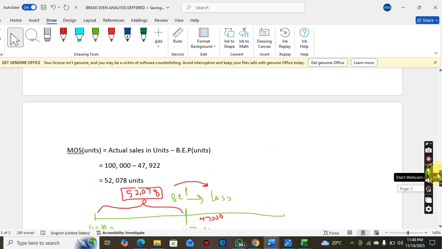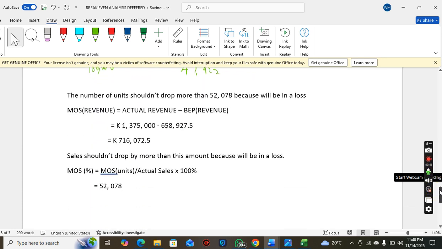Actual sales in units, 100,000. So 52,078 divided by 100,000 is 0.52.